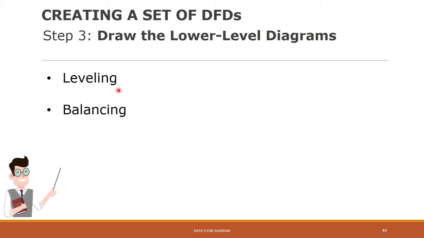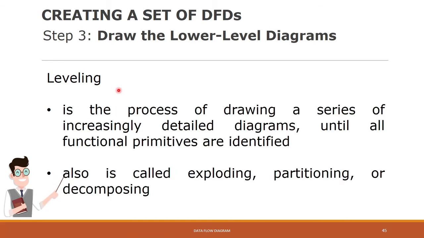So what is the leveling technique? Leveling is the process of drawing a series of increasingly detailed diagrams until all functional primitives are identified. This functional primitive is your lowest level data flow diagram.